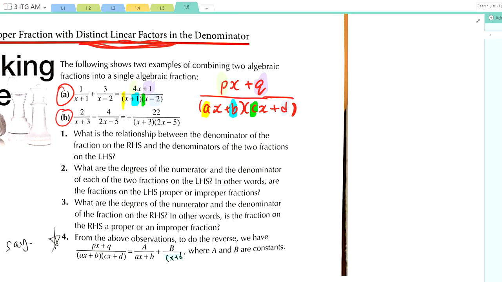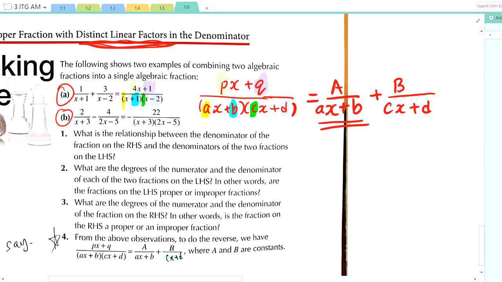So we expect it to become A over ax plus b plus B over cx plus d. Notice that the denominator over here, ax plus b, came from here, and our other denominator, cx plus d, came from here.